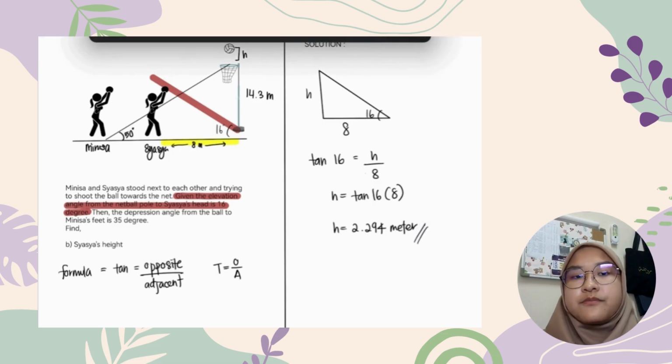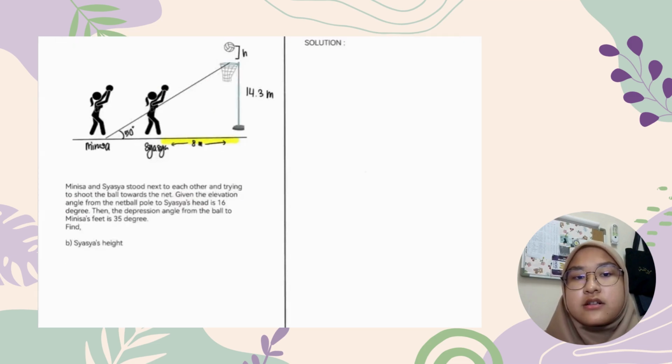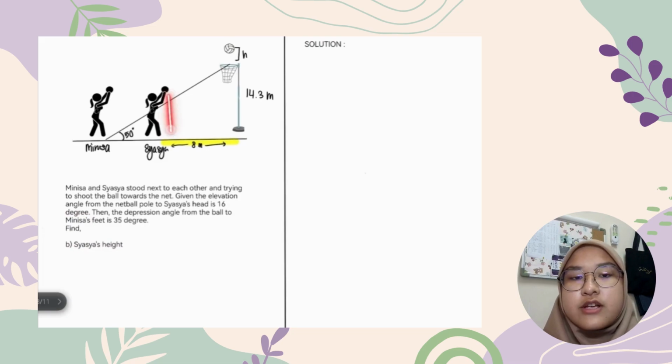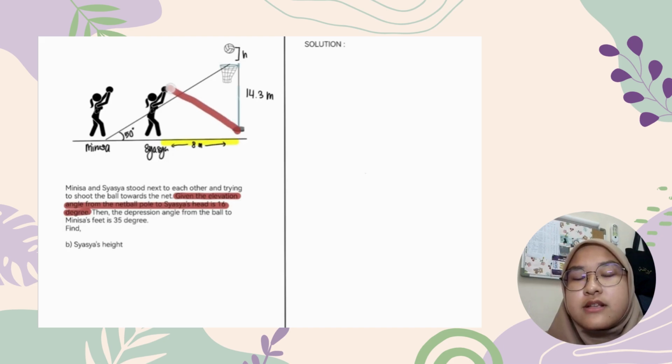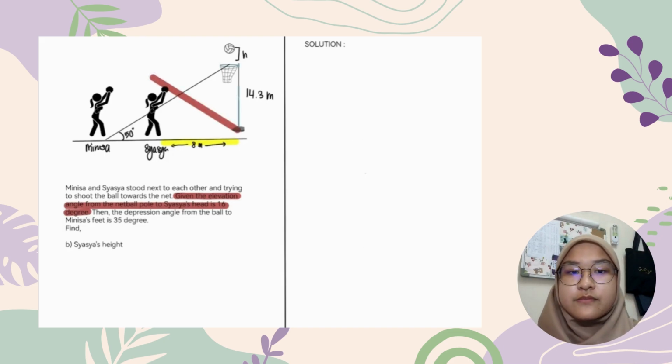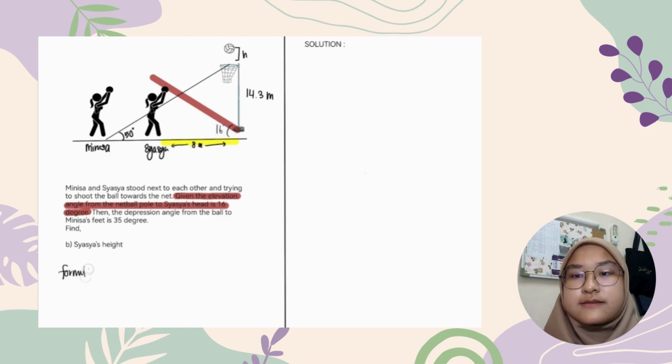So we are going to put the information in the formula. Tangent 60 degrees equals h over 8, and h equals tangent 60 degrees multiplied by 8, and we can see Shasha's height is 2.94 meters. So in conclusion, Shasha's height is 2.94 meters.